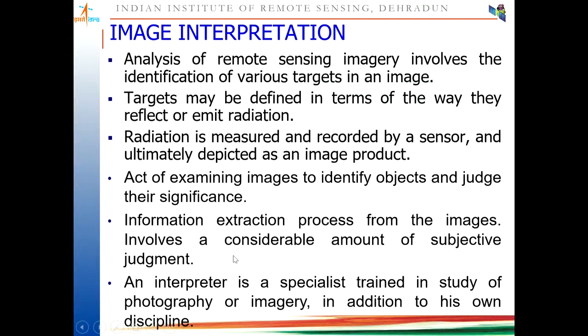It is not objective or a mathematical process as is the case with digital image processing. So this is heavily dependent upon the training and the experience of the interpreter, right?